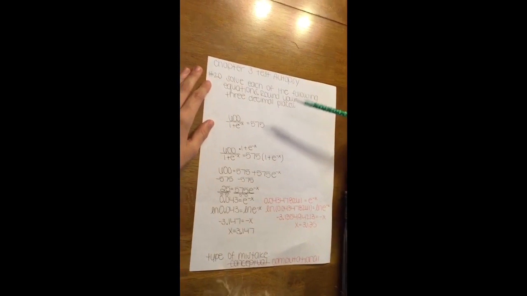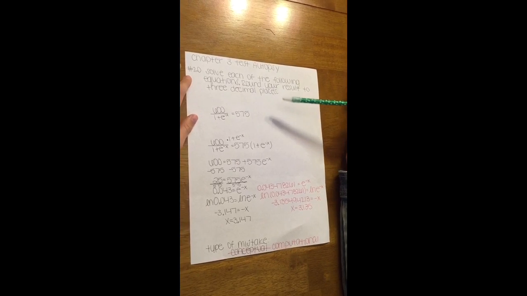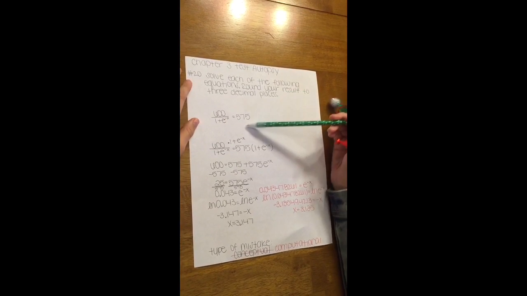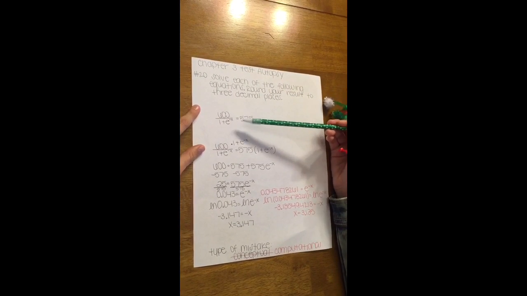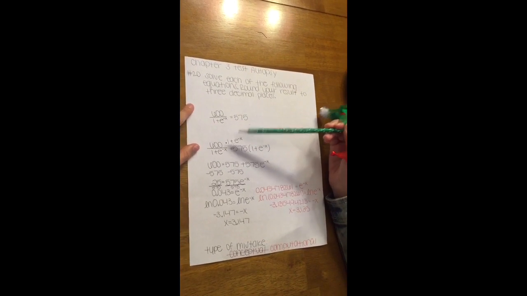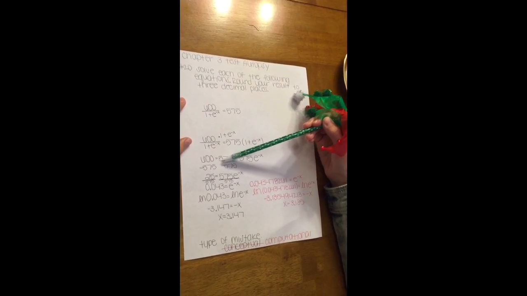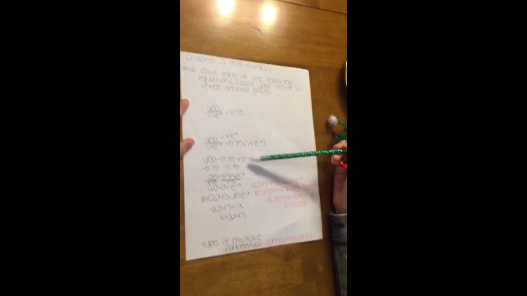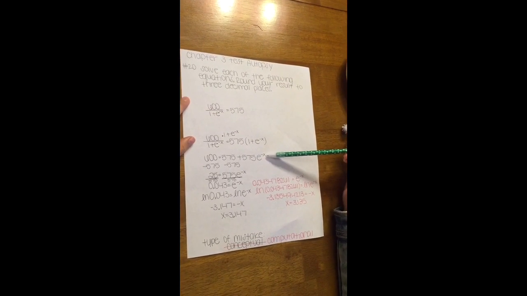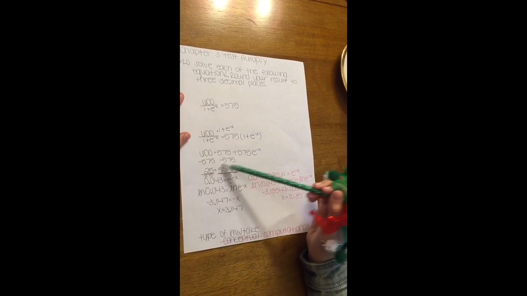Number 3. This is number 20 of the Chapter 3 test. The directions say, solve each of the following equations. Round your result to 3 decimal places. This is the equation. To get 1 plus e to the negative x power off the bottom, we multiply by it on both sides. We're left with 600 equals 575 plus 575 e to the negative x. To get 575 to the other side, we subtract.